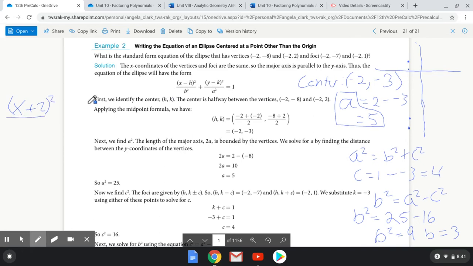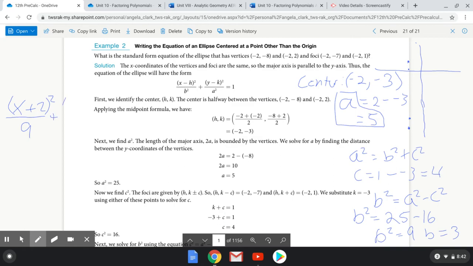So because the minor axis is in the x direction, b squared goes under the x term. So b is 3, so b squared is 9, so this is going to be 9. Technically, I didn't even have to figure out what that b was 3 because all I really need is b squared.